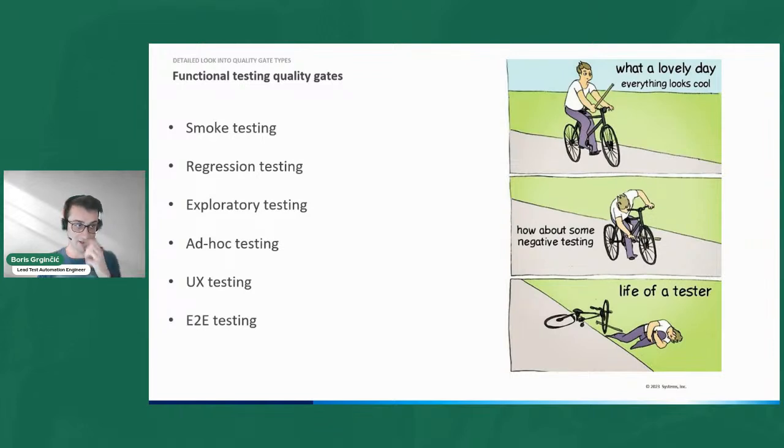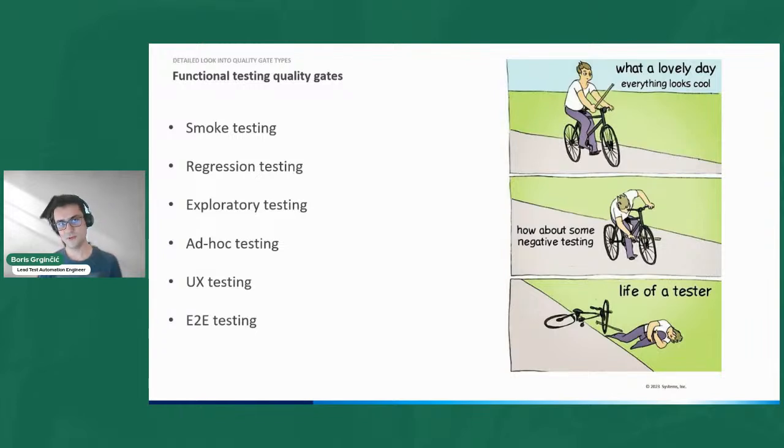But what definitely is manual and will stay that way is exploratory testing. This is definitely something that is recommended to be included as a quality gate in practically every context, because exploratory testing has shown its value a lot of times.